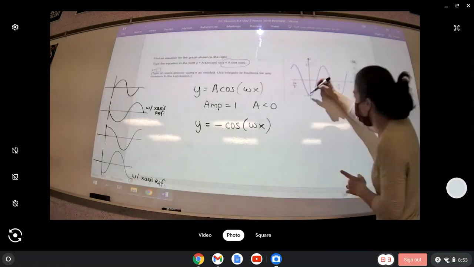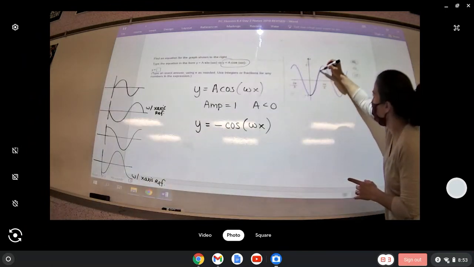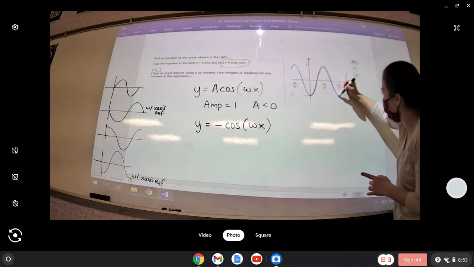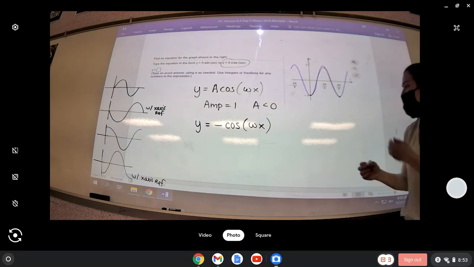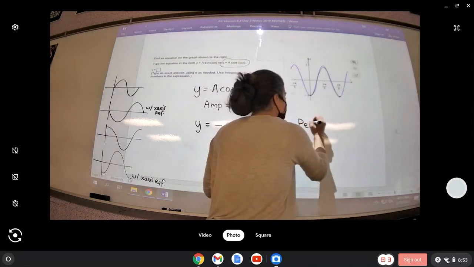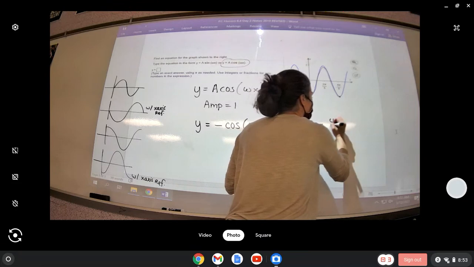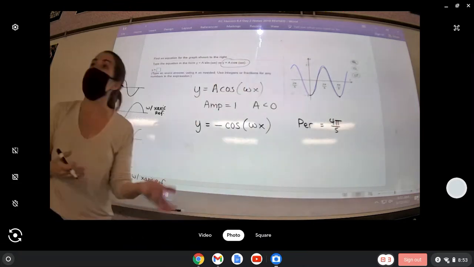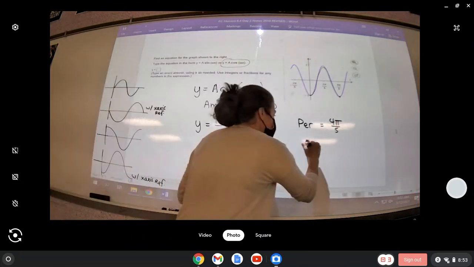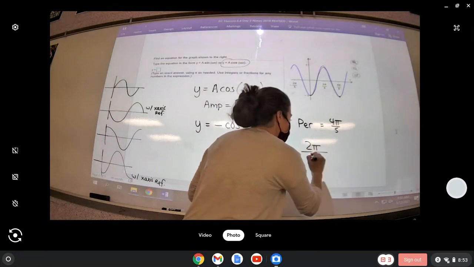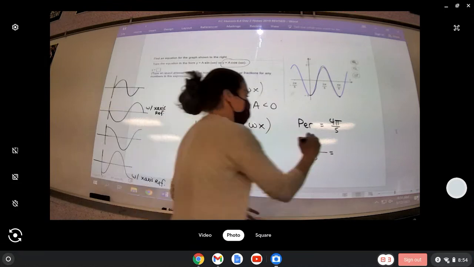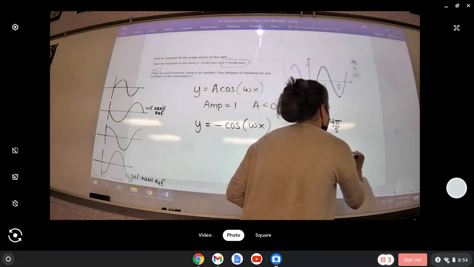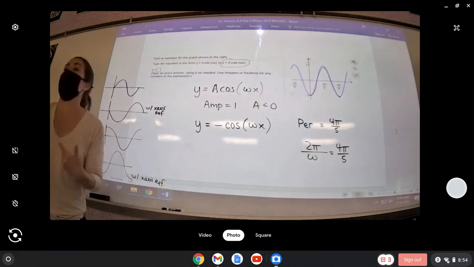To create one cosine wave, I went up, came back down, and ended, and now I'm going to start all over again. Your period is 4 pi over 5 units. Think about how we would have found that period: we would have taken 2 pi and divided it by omega, and it would have ended up equaling 4 pi over 5. So now we'll solve this for omega.